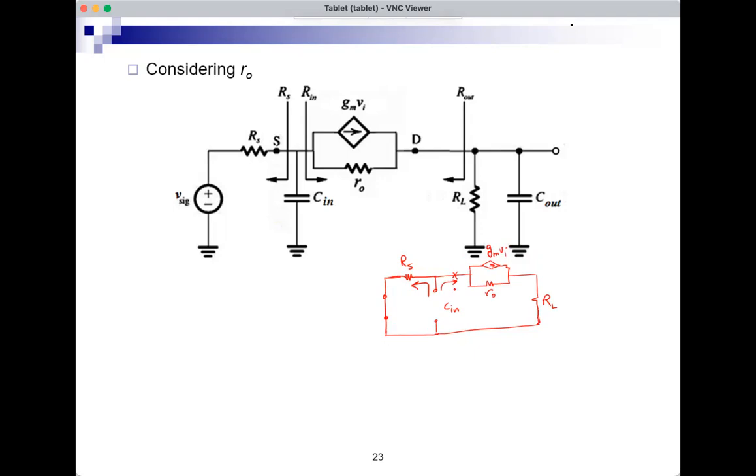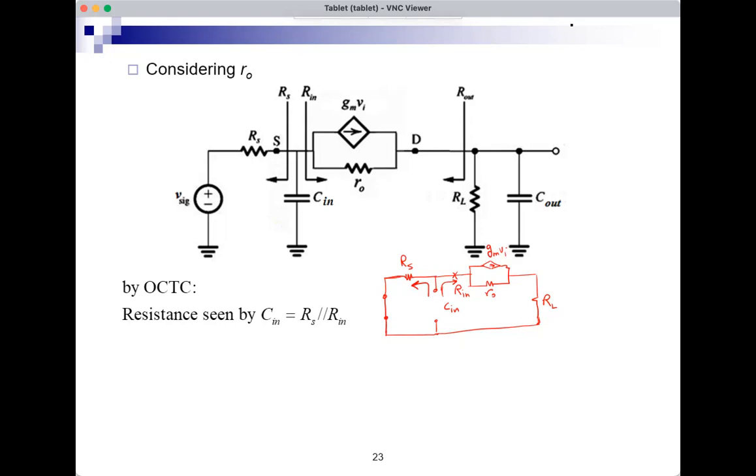This one, we called it Rin. So instead of doing a full circuit analysis, I'll just combine the two resistors Rs and the resistance Rin. And Cin will see their parallel combination because they're both connected from the same node to ground.